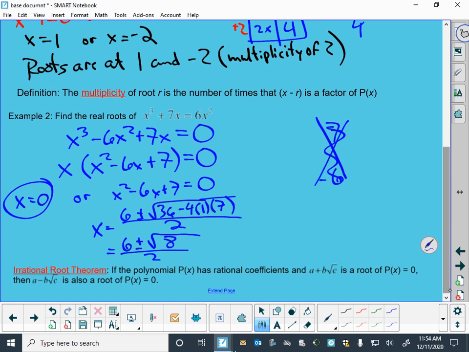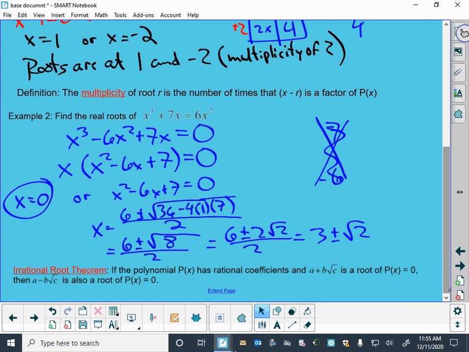All divided by 2, which I can simplify a little bit into a 6 plus or minus, that'd be a 2 root 2 over 2, and I can do some division by 2 there and get a 3 plus or minus the square root of 2. That's, with the plus or minus, 2 different roots. So my roots are 0, 3 plus the square root of 2, and 3 minus the square root of 2.